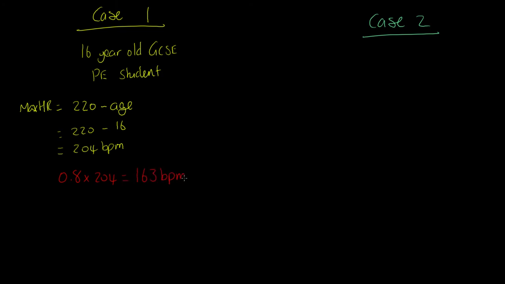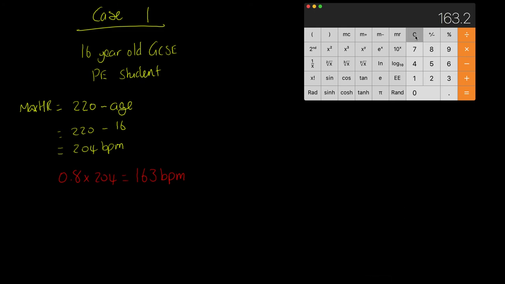When this person is performing, they should be aiming for that upper limit to be 163, no more, or thereabouts. Now, the lower limit is maximum heart rate multiplied by 0.6, or 60%, and that's going to give us 122 rounded.